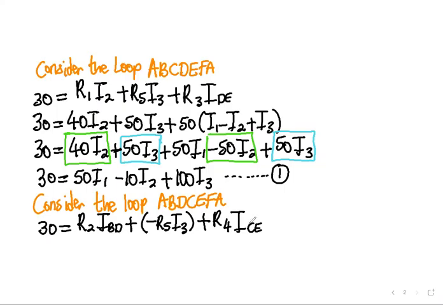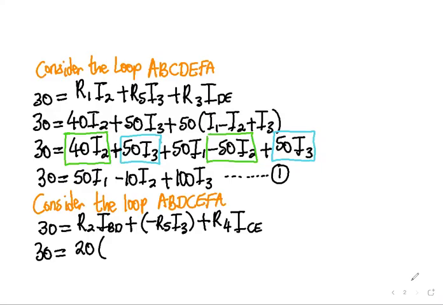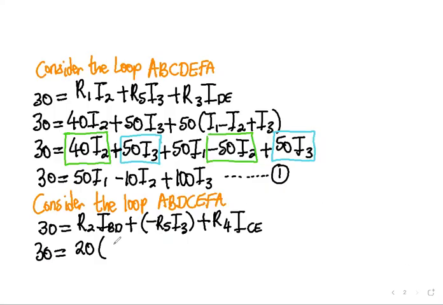So it's always encouraged to substitute from the original formula so that you don't make mistakes. So it's gonna be 30 equals, now our R2, we are given a 20 ohm resistor, times the current at BD, which is I1 minus I2.